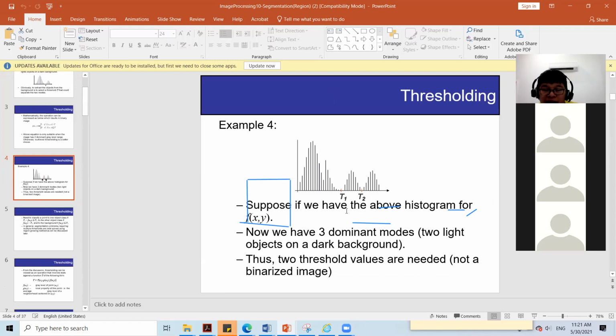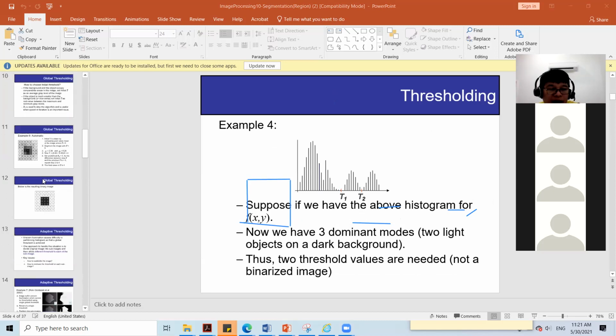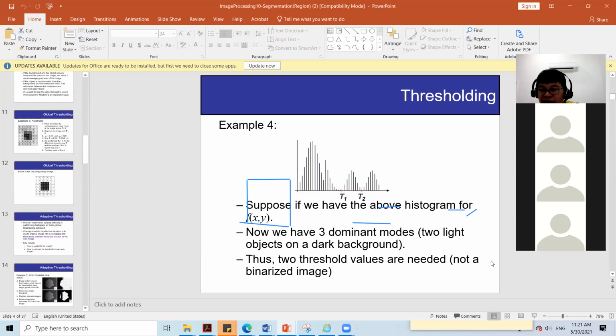That one is more advanced. But even though you divide into 3 regions, there are still some problems. For our example, we only focus on 1 threshold. So the disadvantage of global thresholding is you cannot have more than 2 regions.